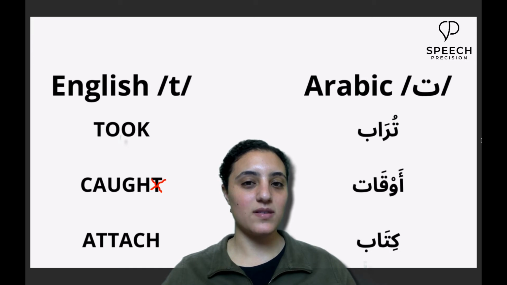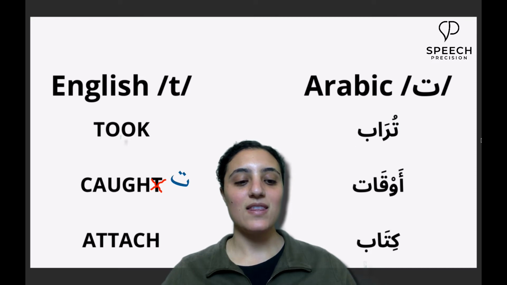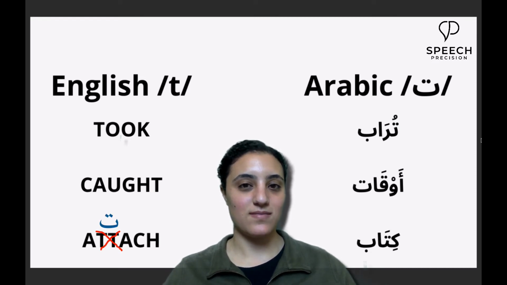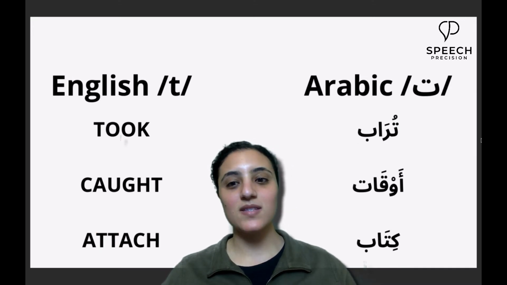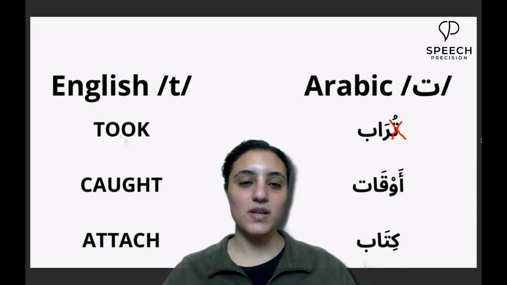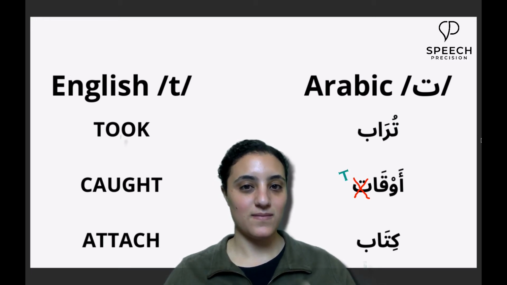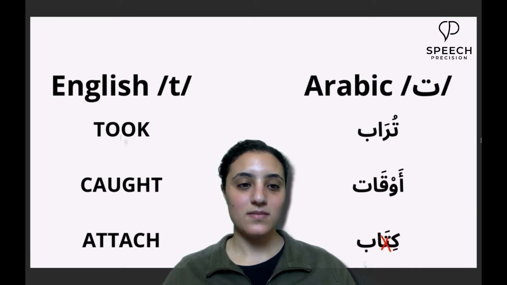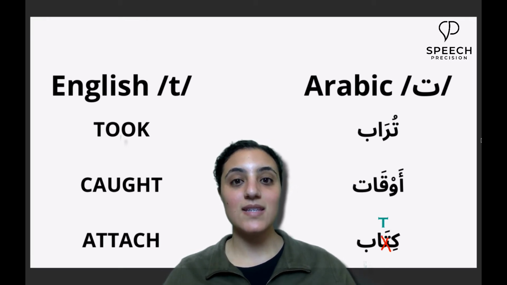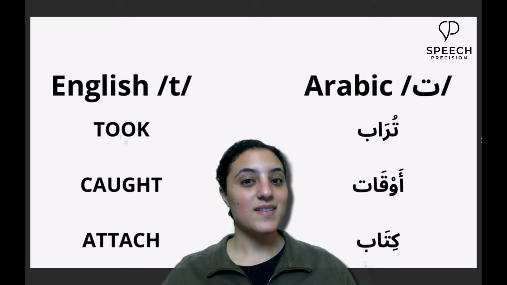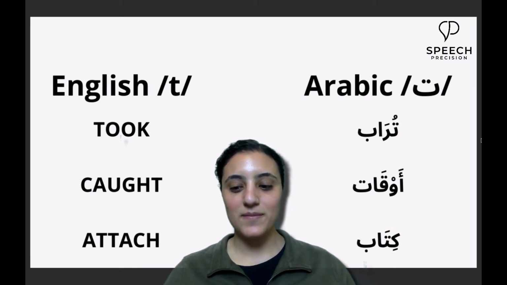If I took the Arabic ta there and I replaced it, caught. Okay. The word attach. Replace it with an Arabic ta, attach. Sounds different. Now let's take the Arabic turab, replace it with an English T, turab. Awqat. English T becomes awqat. Kitab. English T, it becomes kitab. Slightly different. You might be hearing it now.